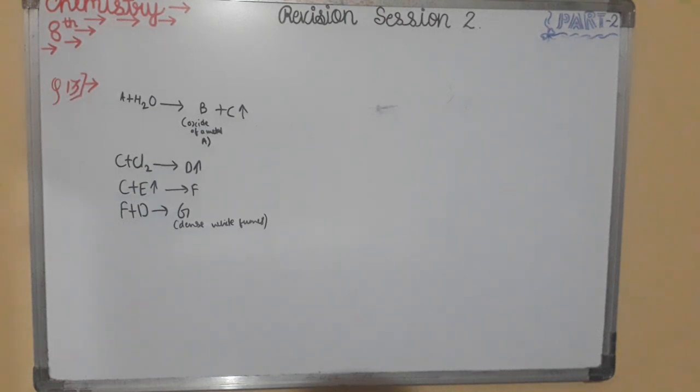The hints are: A is a metal used in crackers, E is a gas whose percentage is maximum in the atmosphere, F is a pungent gas. So we have to identify A, B, C, D, E, F, G and give the corresponding balanced chemical reactions.